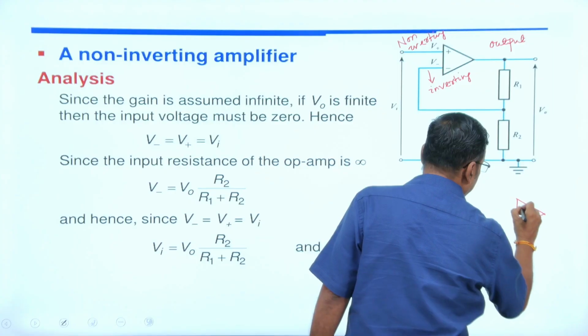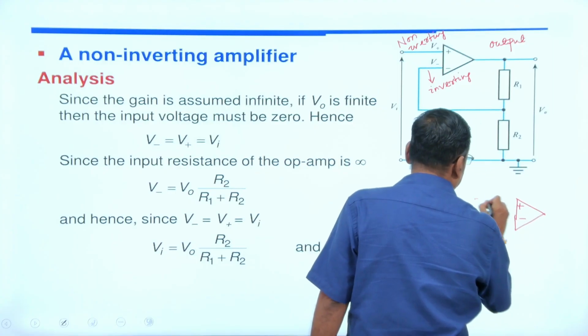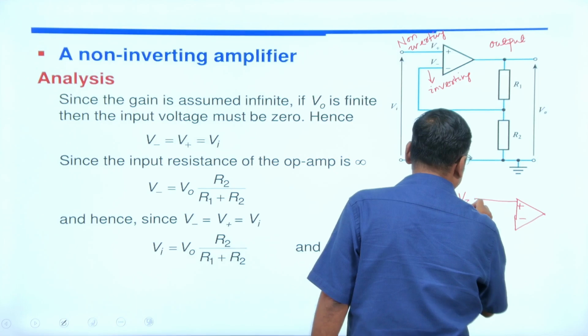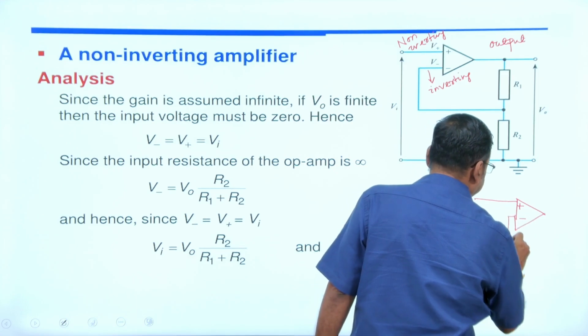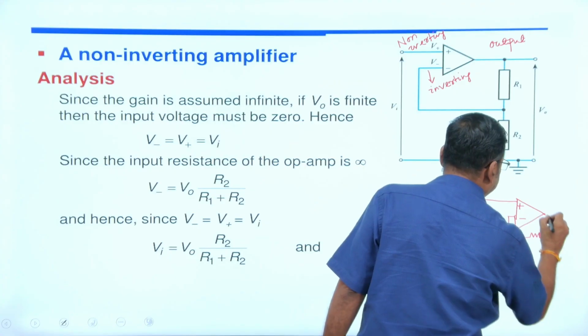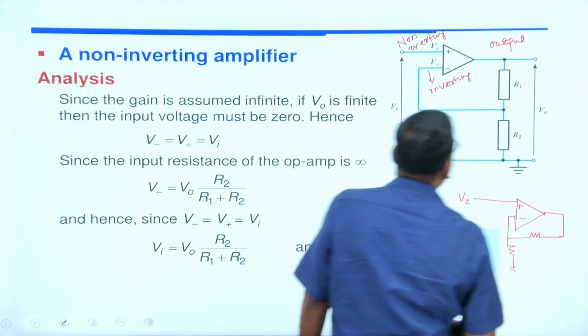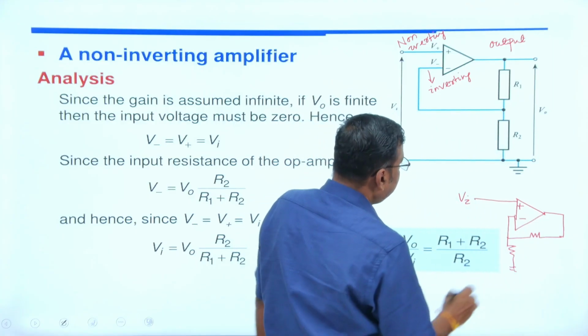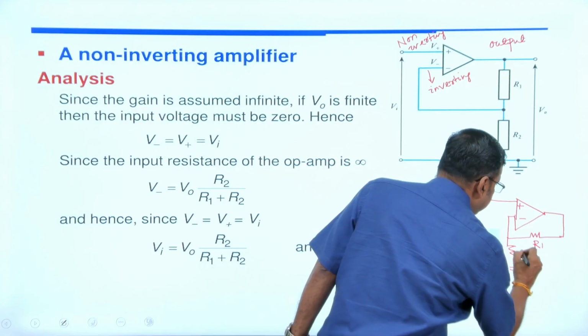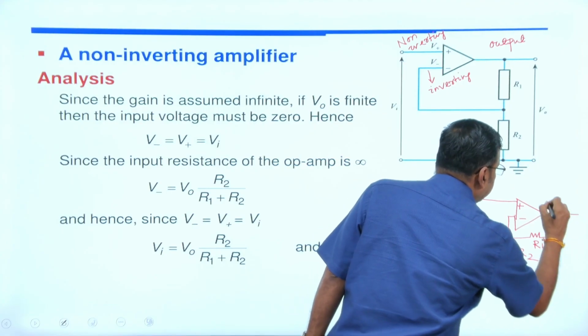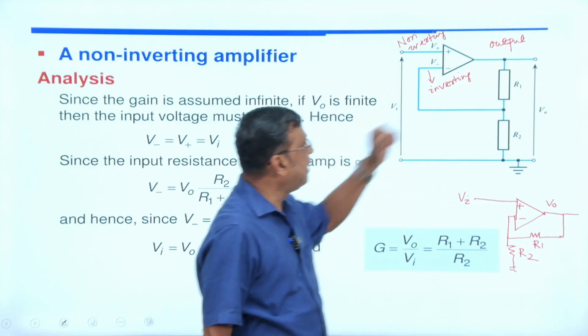This is your plus terminal and this is your minus terminal. You give the input voltage Vi at the plus terminal, and here is a resistance. This is R1, this is R2, and this is your Vo. Okay, the simple circuit is like this.